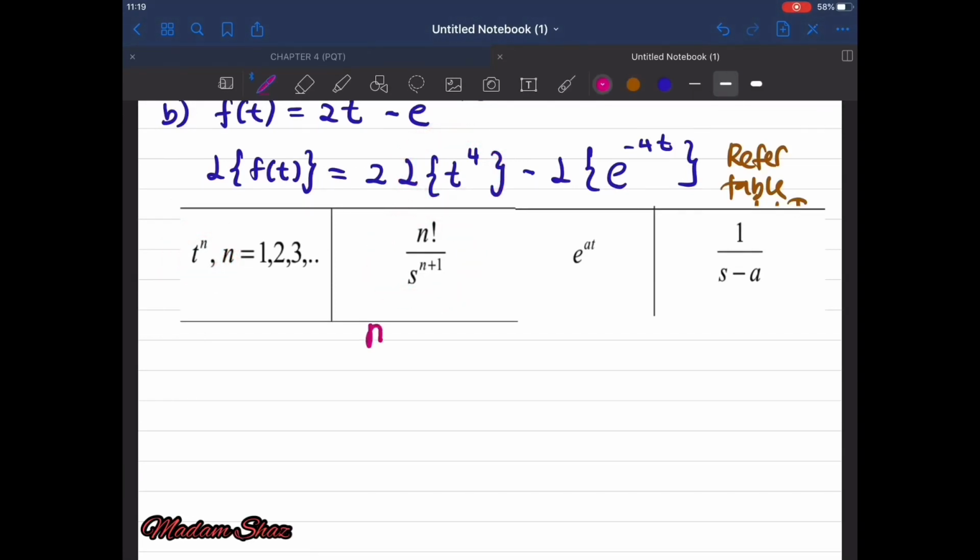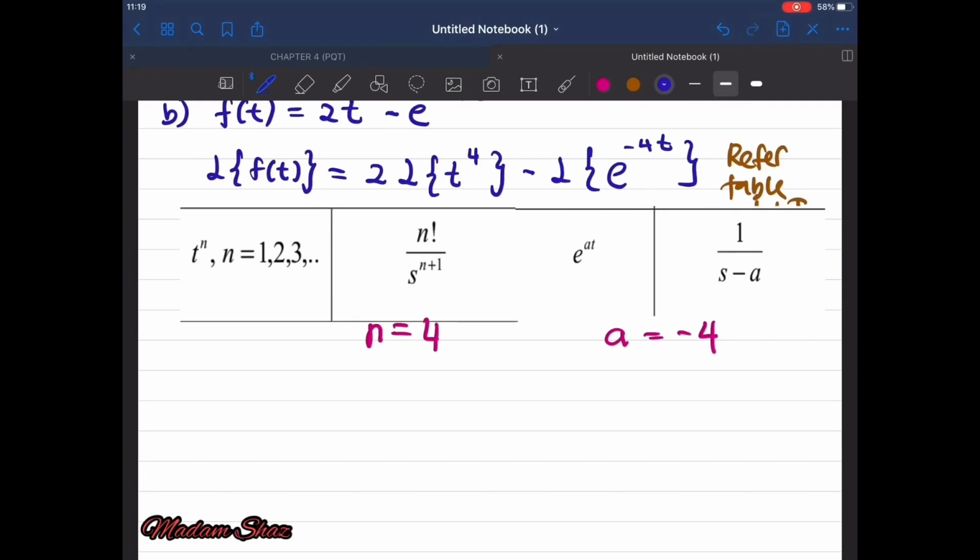Our n is equal to 4. For Laplace of e to the power of negative 4t, we have to determine what is the value of a. So our a is equal to negative 4.